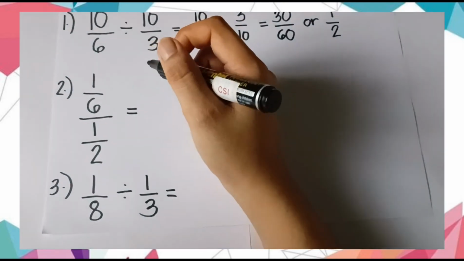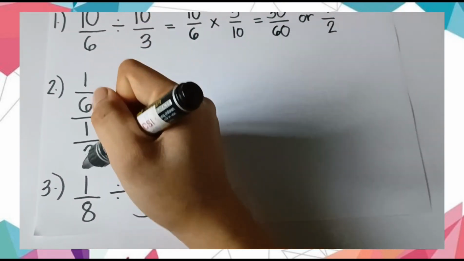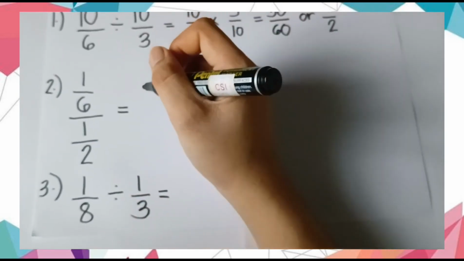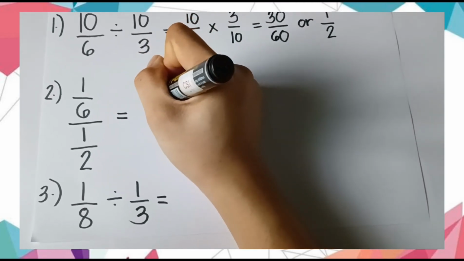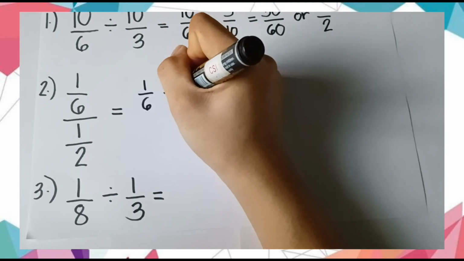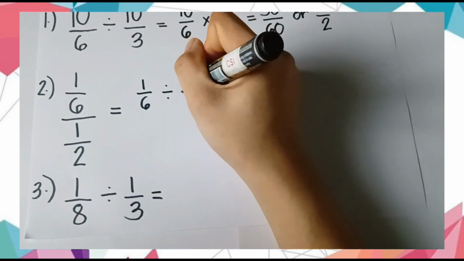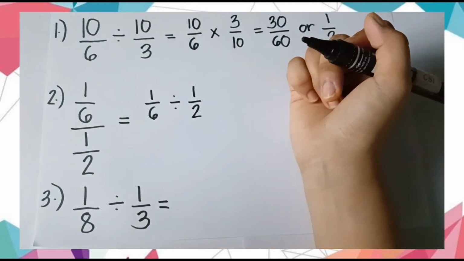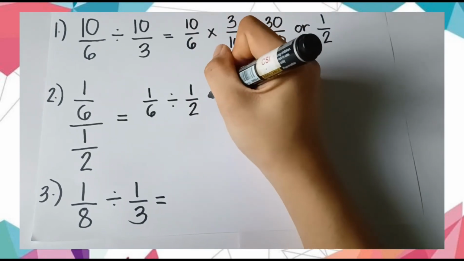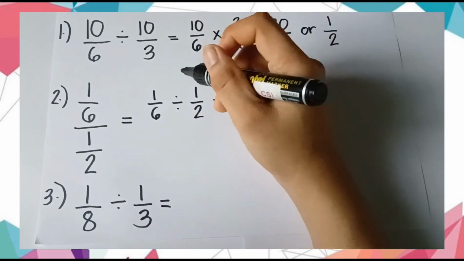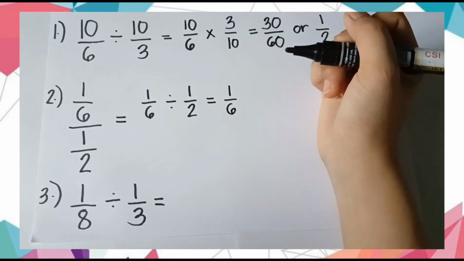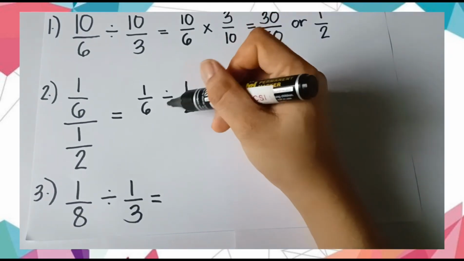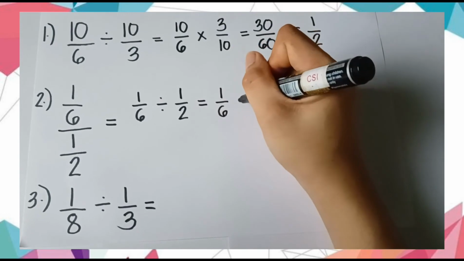Next, we have number 2. 1/6 divided by 1/2. We use the KCF method. We keep the first fraction, 1/6. Then we change the division operation into multiplication.